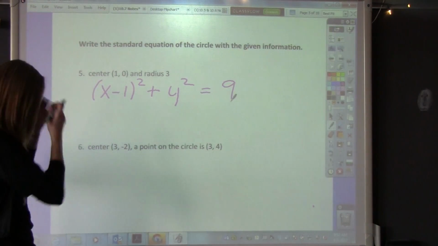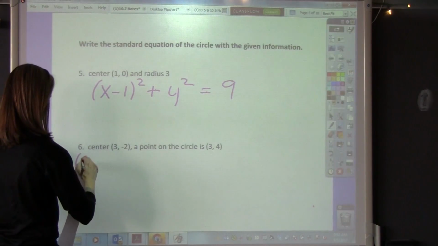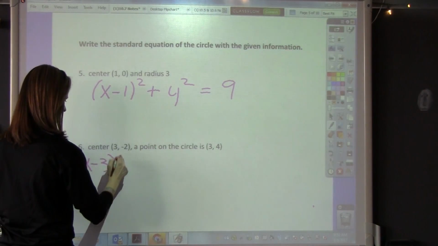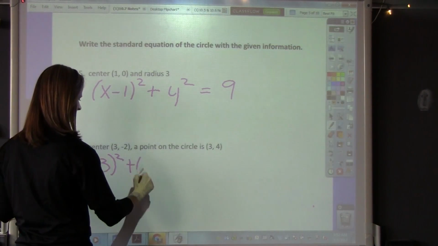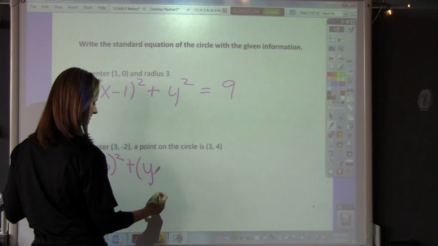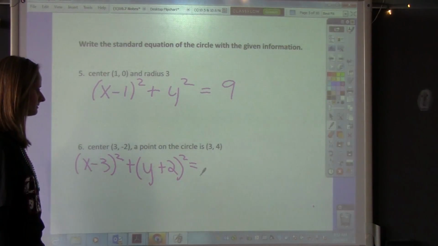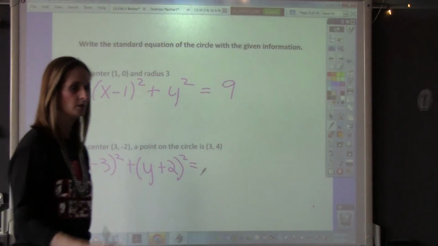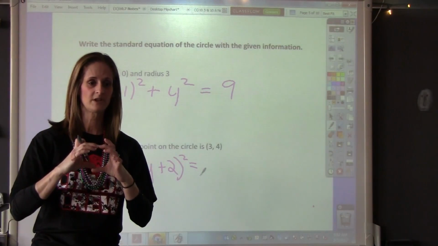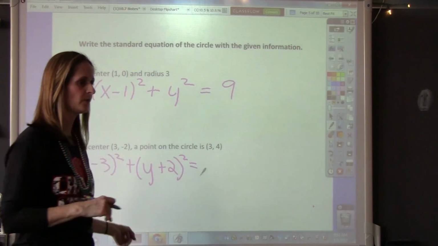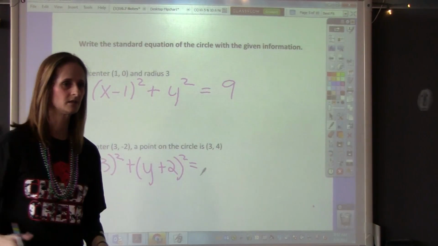All right, what about this one? This is going to be x minus 3 squared plus y plus 2 squared. Squared for both of them. We don't know the radius. But you have that little piece of graph paper that I gave you. Plot these 2 points. You don't really have to, but I just want you to see it.